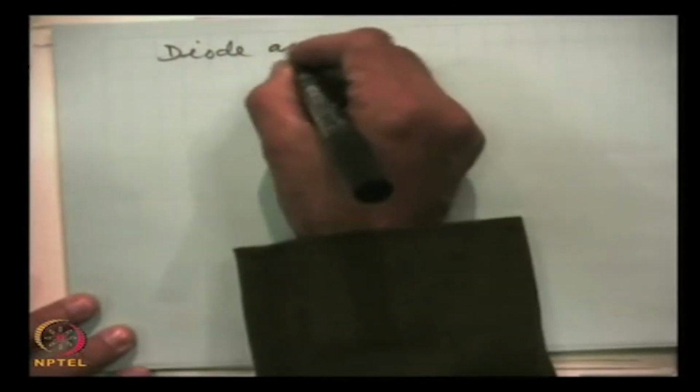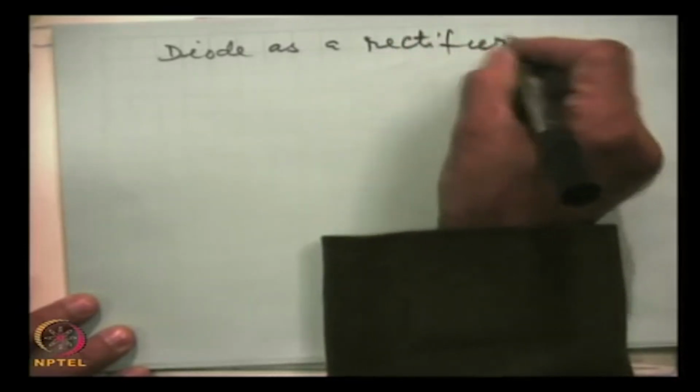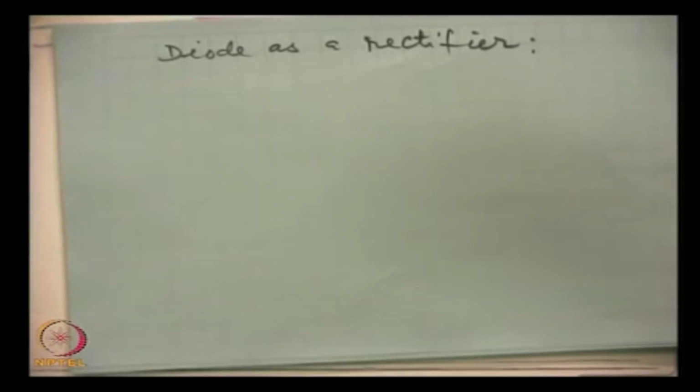First, we take diode as a rectifier. Rectification is the process of converting an AC voltage into a DC, or AC current into a DC current, one and the same thing. We can talk either in terms of voltage or in terms of current, but often it is preferred to talk in terms of voltage.